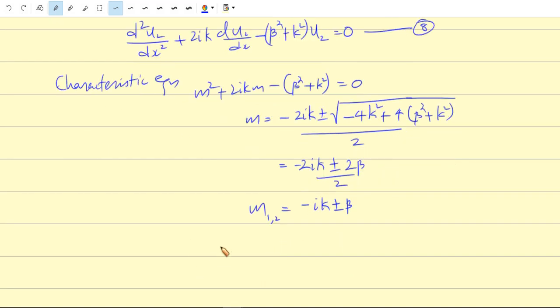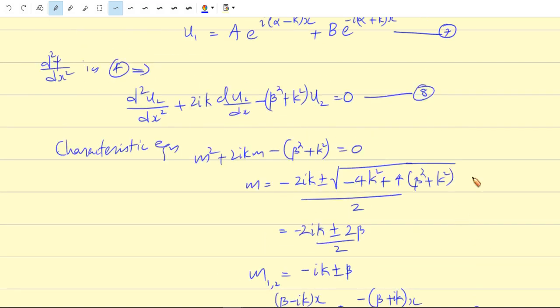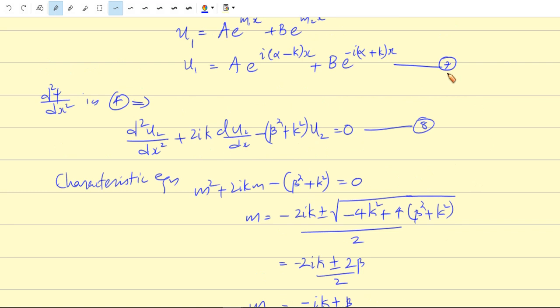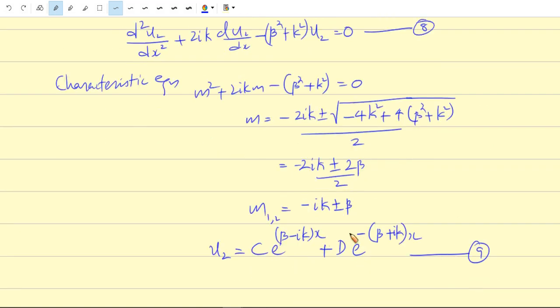Therefore the general solution of this equation is equation number 9. So we have equation 7 and equation 9.